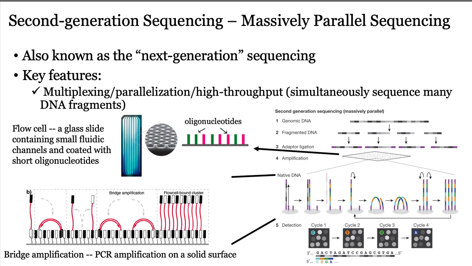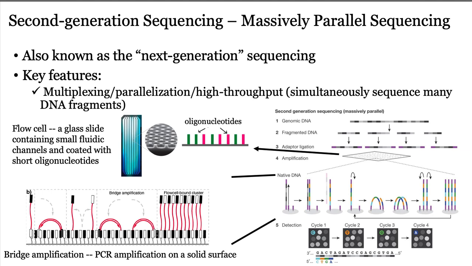Right. Here, the purple color represents the adapter. It is an oligo sequence that we add to the DNA. We start with a DNA fragment, that's our target DNA, and we want to know the sequence of that target DNA. We add adapter sequence to the two ends of the DNA fragment.